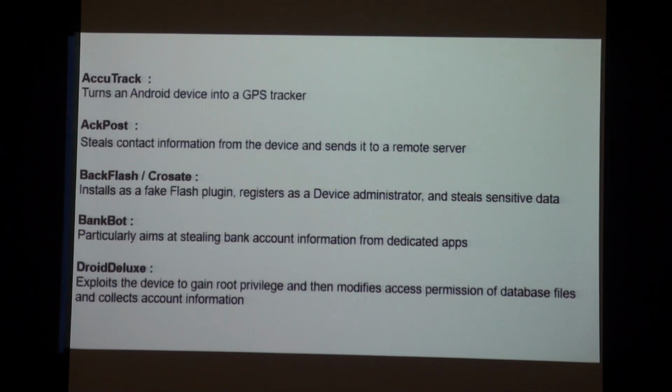And the last one, which you see, exploits the device to gain root privilege and then modifies access permission of database files. Basically it has a root exploit, and it will install the SuperSU binary inside your device, and will use the same to leverage the permission, and then it will access the database files and collect information.